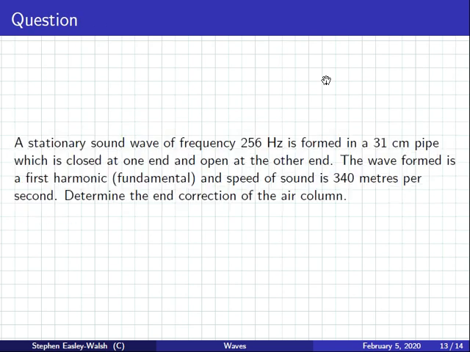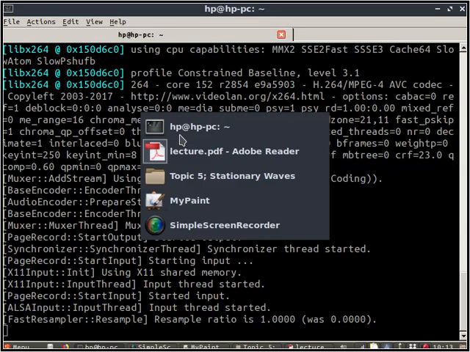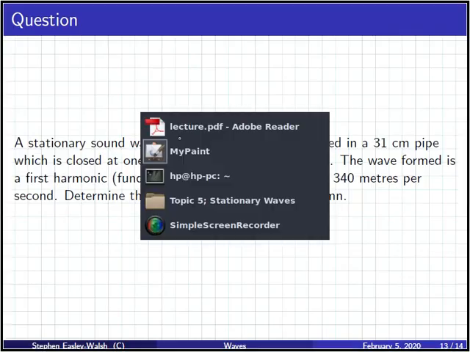Yeah, I have two examples here. So here's the first one. A stationary sound wave of frequency 256 Hz is formed in a 31 centimeter pipe which is closed at one end and open at the other end. So let's draw that first, okay? Okay, so you have your pipe, and you have your wave inside of it.